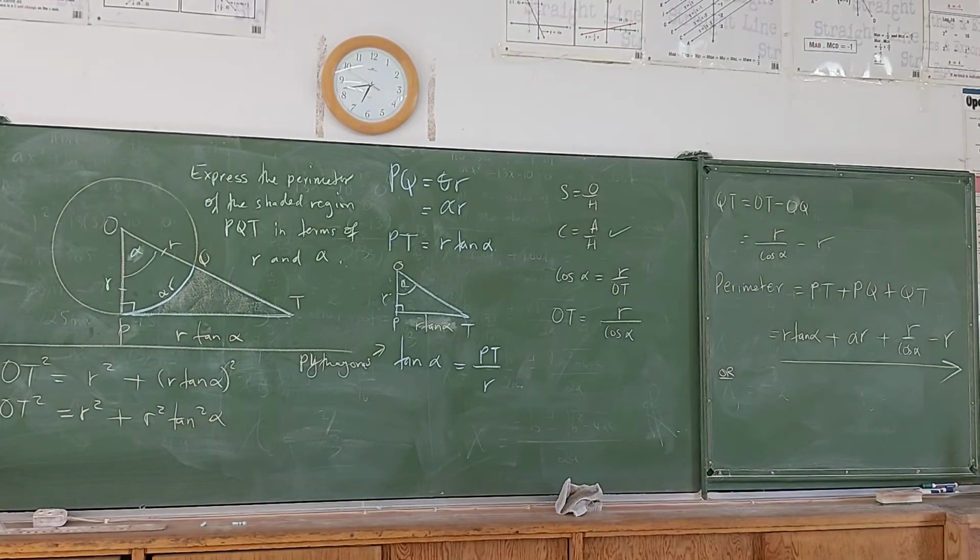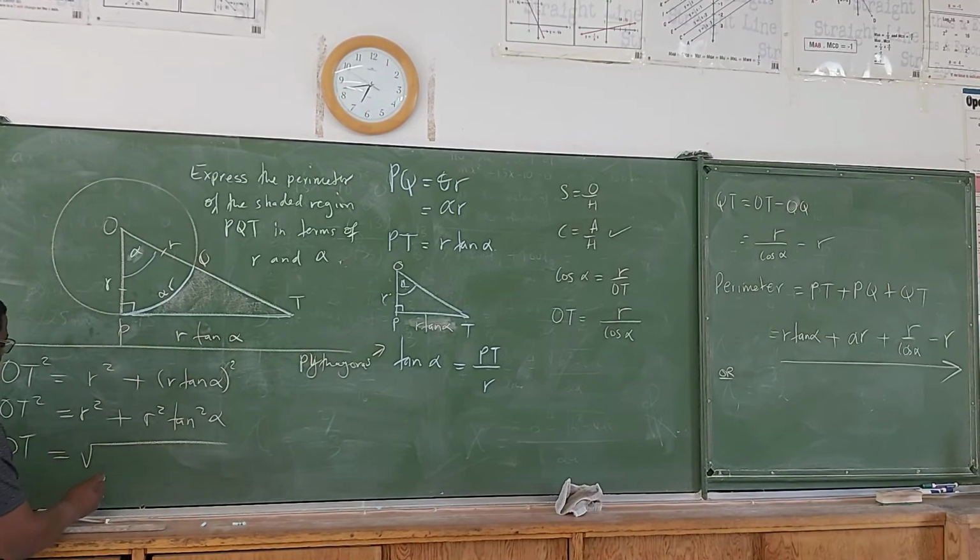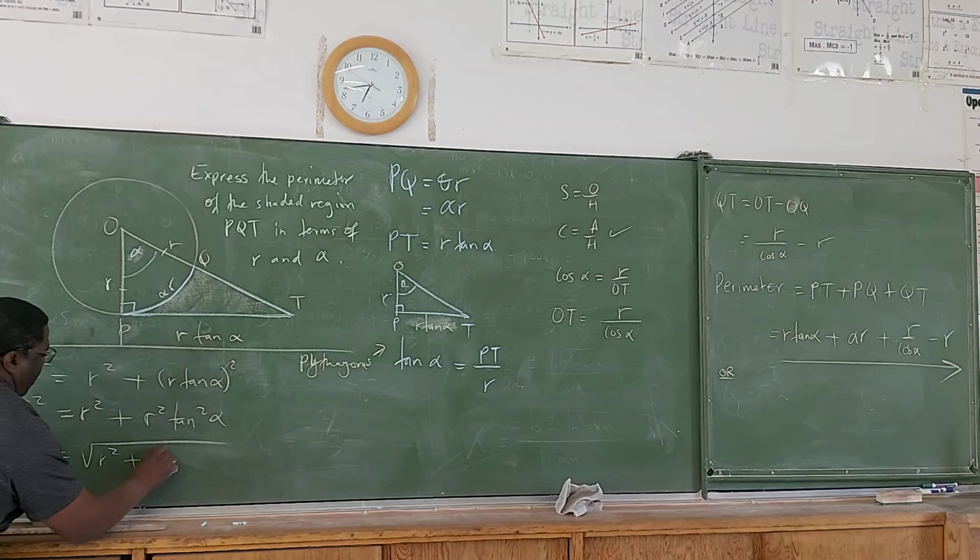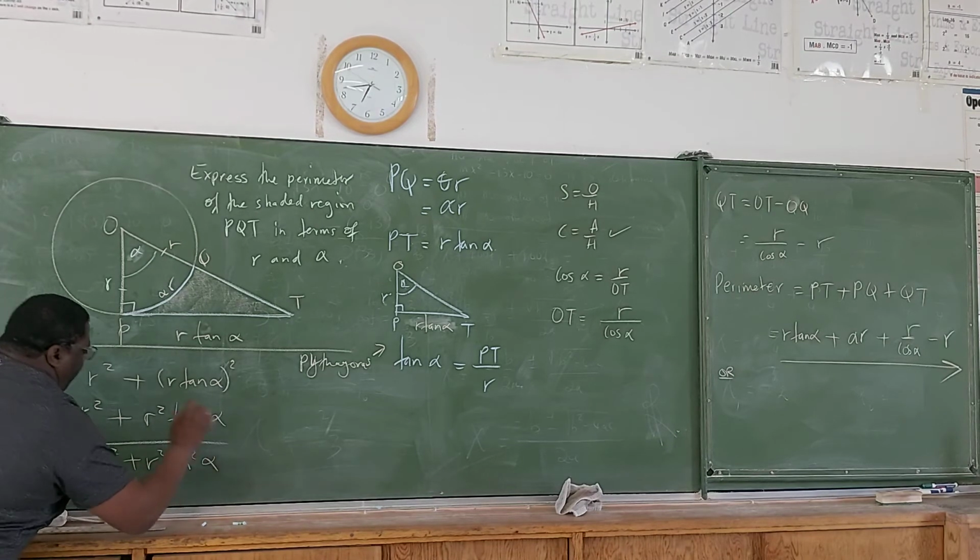It's the same thing. So OT equals the square root of R squared plus R squared tan squared alpha.